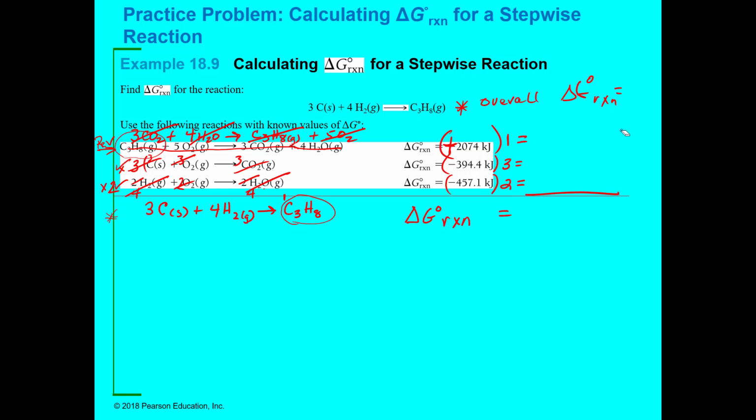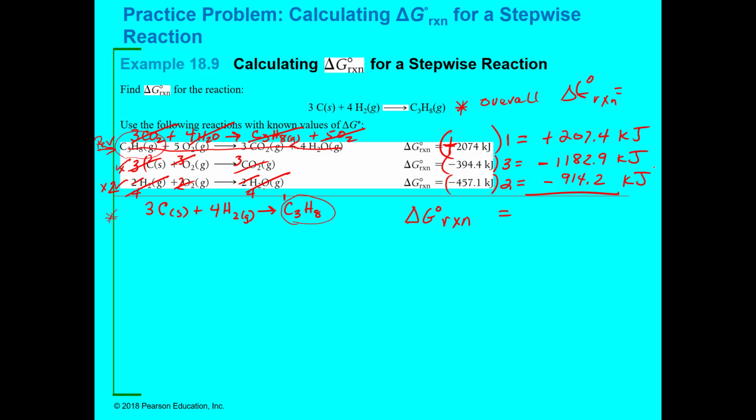All right, so this first one is positive. It's times 1, so it's plus 207.4 kilojoules. And then the second one, the 394 one, is a negative 1182.9 kilojoules. And then the last one is 2 times the negative 457, so that's a negative 914.2 kilojoules.